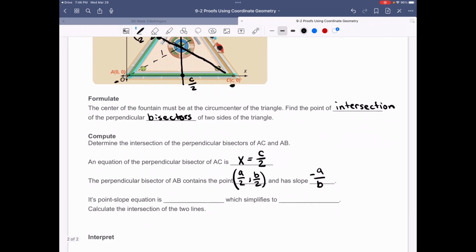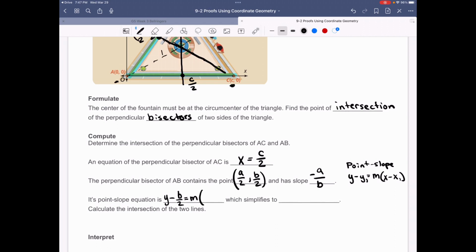Then we can plug that into the point slope equation, which you may have learned in Algebra 1. It's going to be y minus the y coordinate, which is b over 2, is equal to the slope. I'm going to write this just so you have it. Point slope is y minus y1 equals m, the slope, times x minus x1. Just in case you don't remember that from algebra. It's been a while.